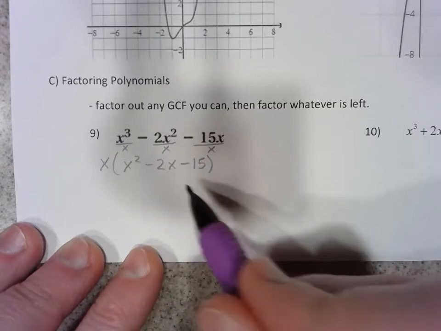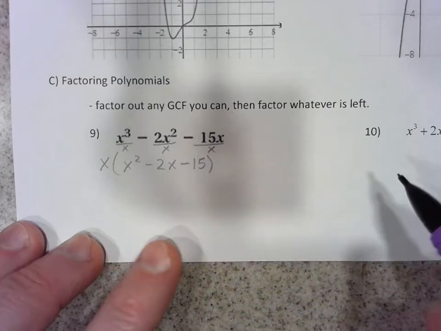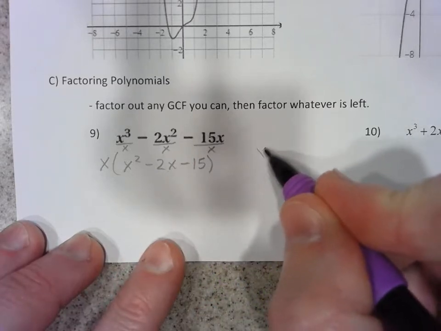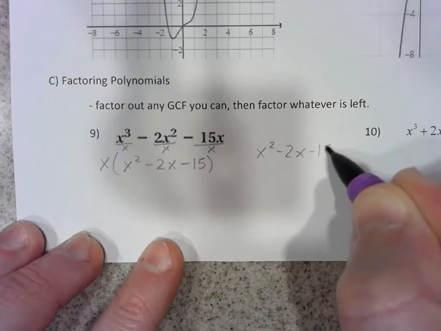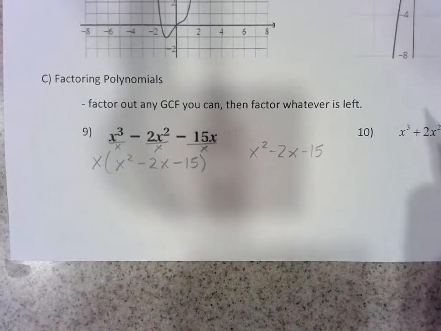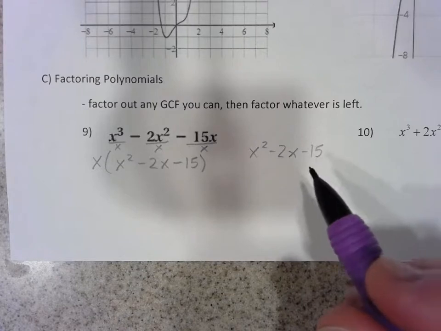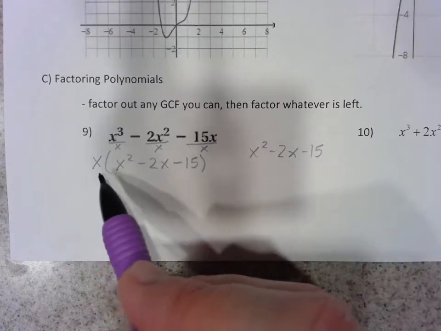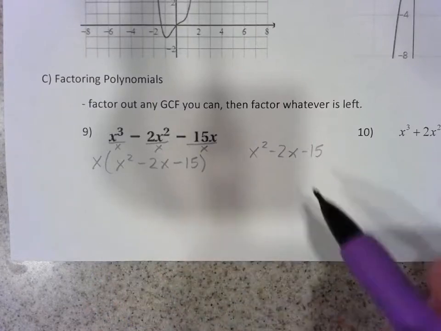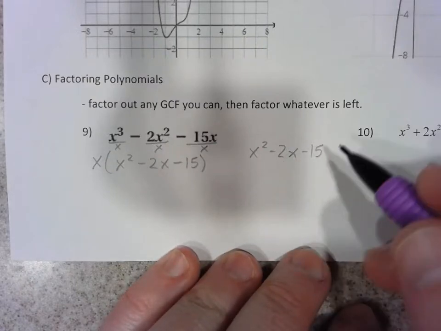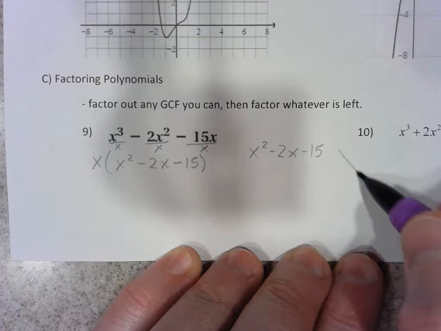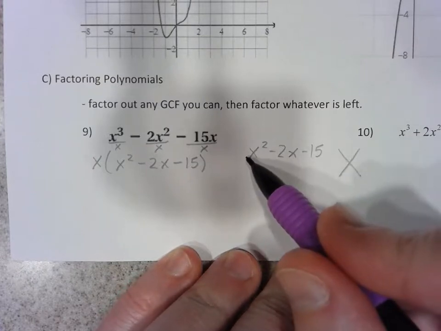So we need to take that x squared minus 2x minus 15 and factor it. And so I'm going to take it out separate because I don't want to forget about the x in front. And so to factor this one, I need to think about what 2 numbers multiply to get, let's say, 1 times negative 15.